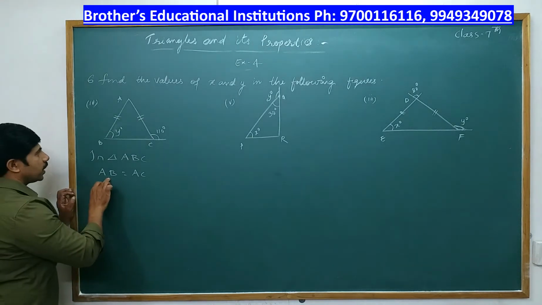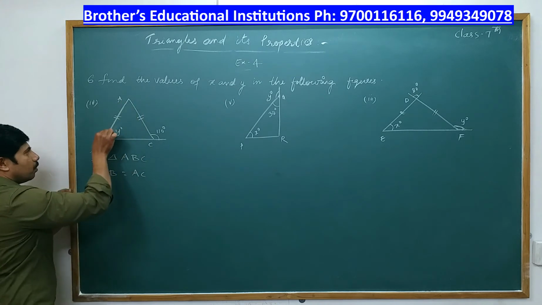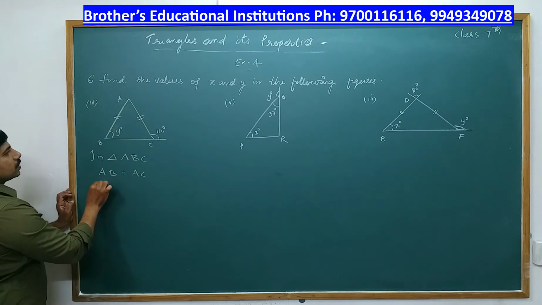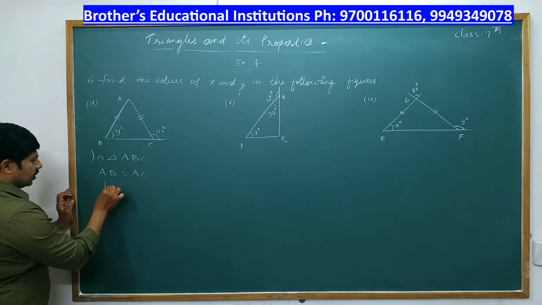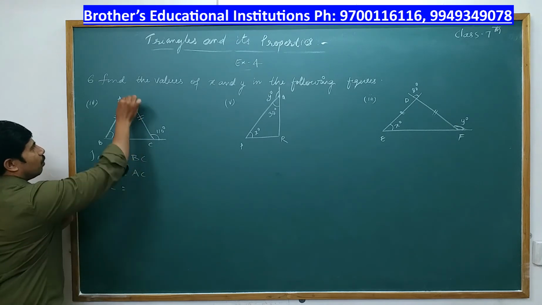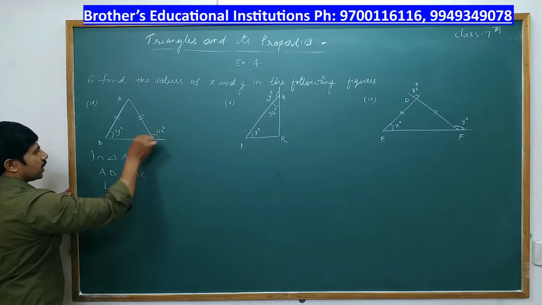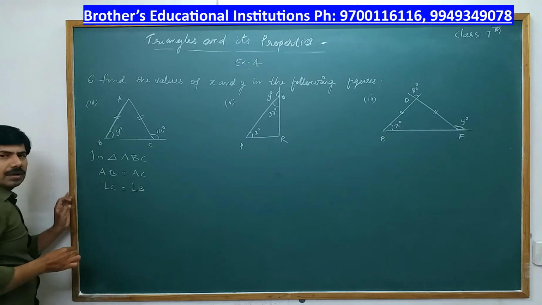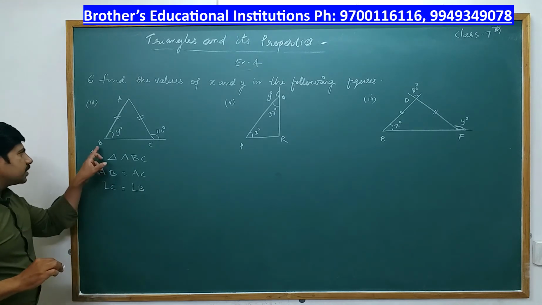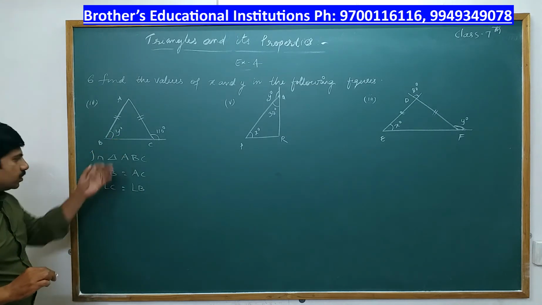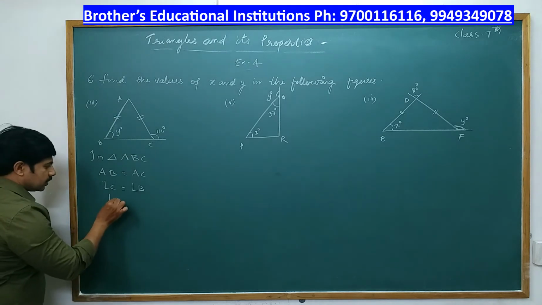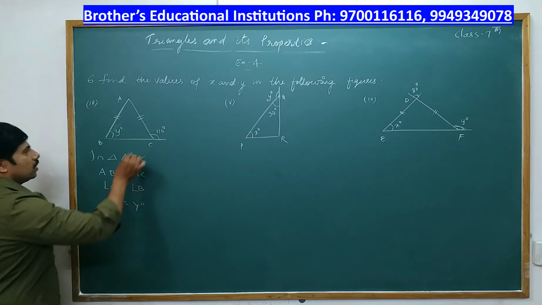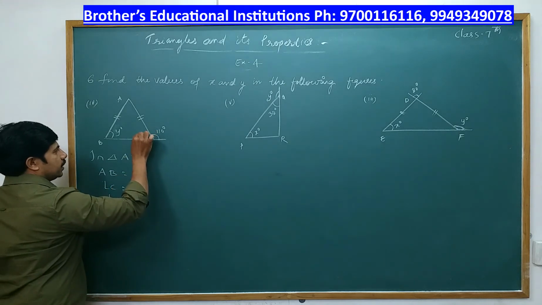Opposite angle to side AB is angle C. Opposite angle to side AC is angle B. What is angle B given? y degrees. So I will substitute: angle C is equal to y degrees. So this is also y degrees.